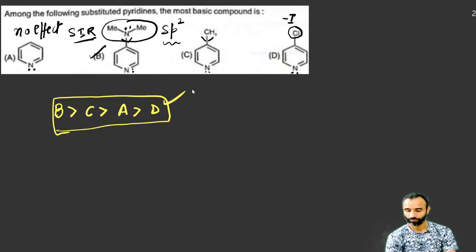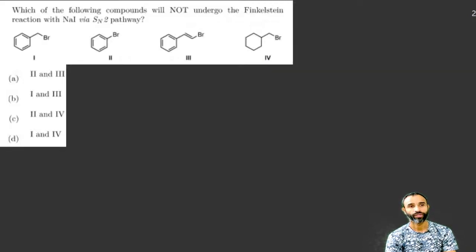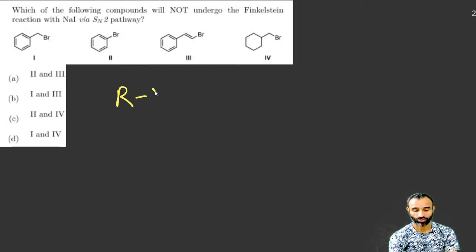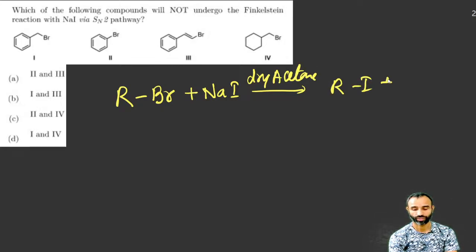Which of the following compounds will not undergo the Finkelstein reaction with sodium iodide via SN2 reaction? So you know, in the Finkelstein reaction, it leads to the formation of iodide.